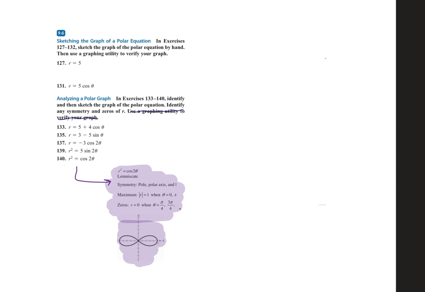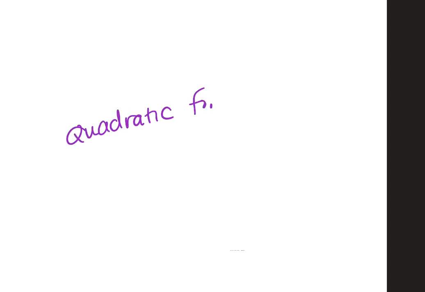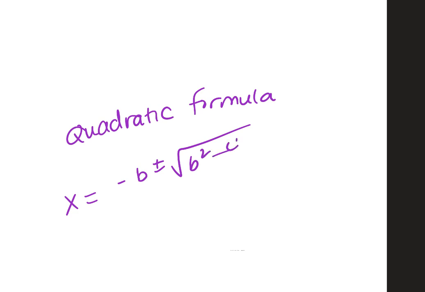So the only thing that is from chapter P is the quadratic formula. There's a question on the quadratic formula. So x equals negative b plus or minus the square root of b squared minus 4ac, over 2a.